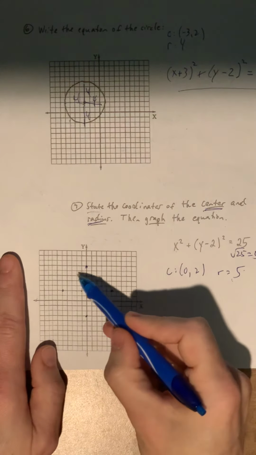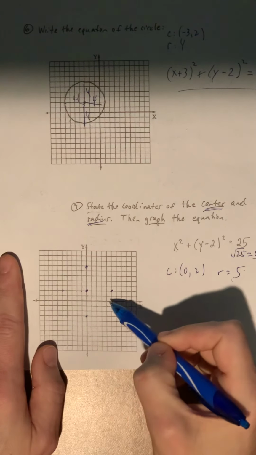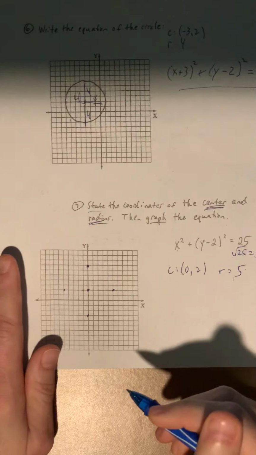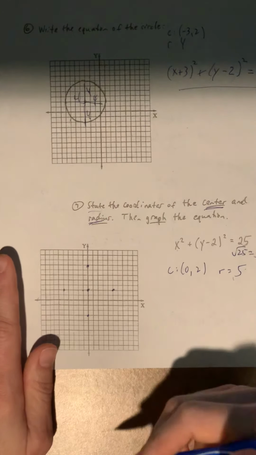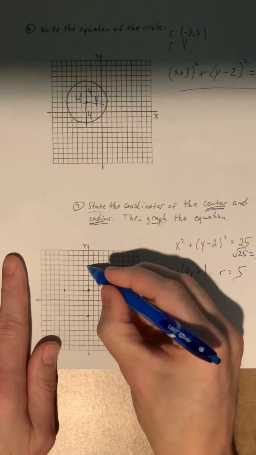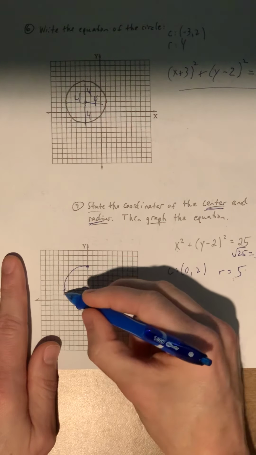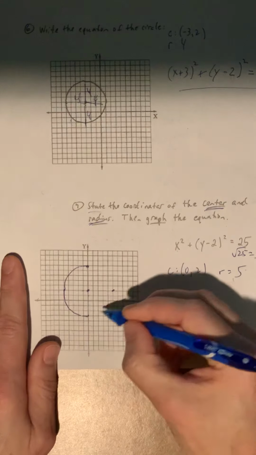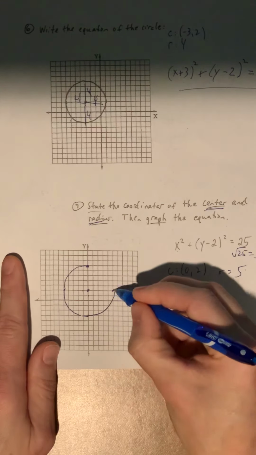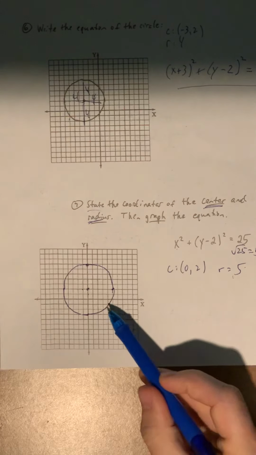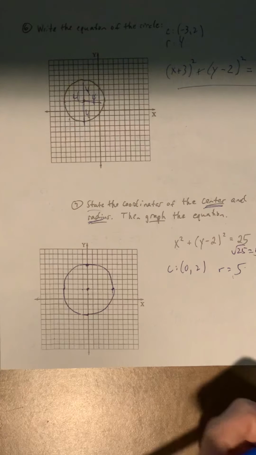Now, don't connect these too narrow, or don't squeeze in too much, or it's going to look like a rhombus or square or diamond. Go ahead and go out nice and wide, so you have a circle, and there you go. Graph the circle, that equation.